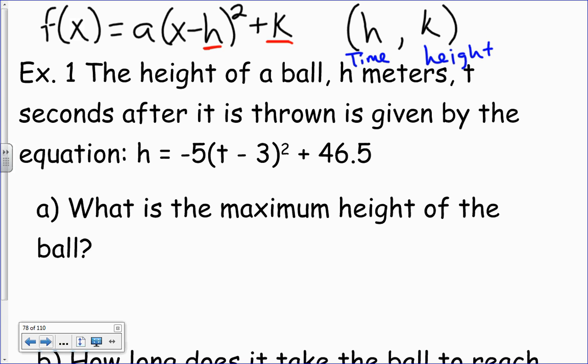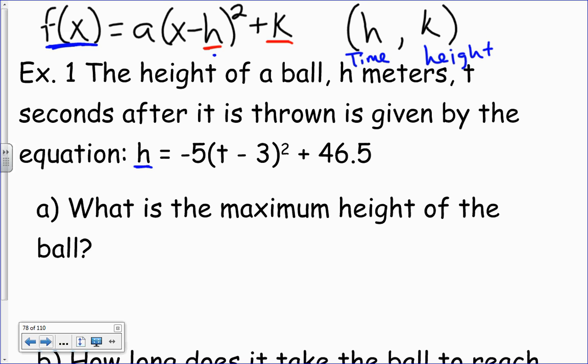All right, so this example 1 says the height of a ball, h meters, t seconds after it is thrown, is given by the equation h equals. So this h right here is in the f of x location. So it's not the same as the h inside our parentheses, because you can see inside the parentheses we have the number 3. Okay, but the equation is h equals -5 times t minus 3 squared plus 46.5.